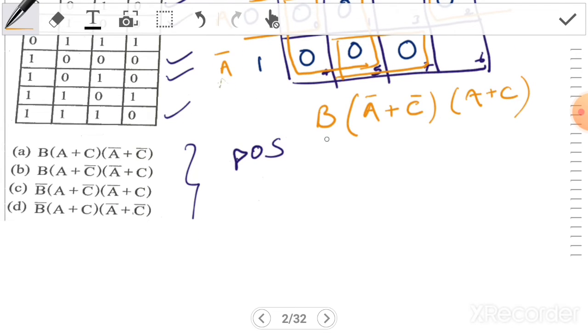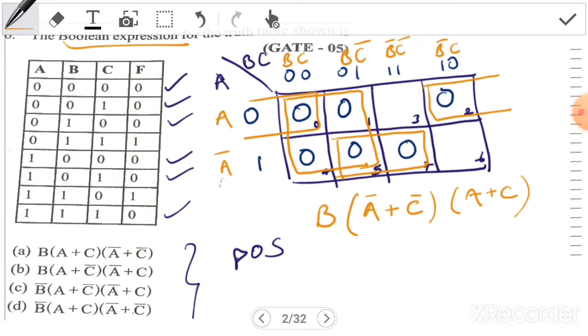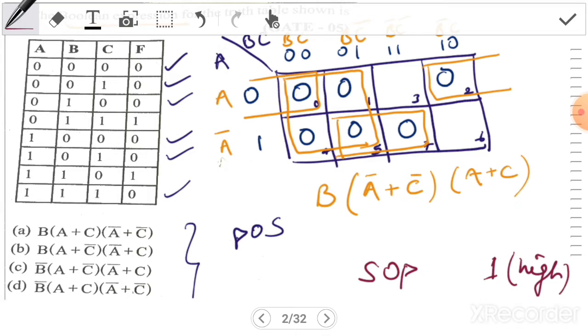So let us say, see, any output expression is simply the sum of product representation of inputs that give an output of 1 or high. So let us verify. So write sum of product for this and this term.